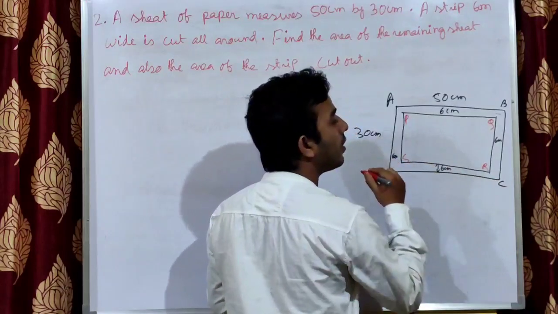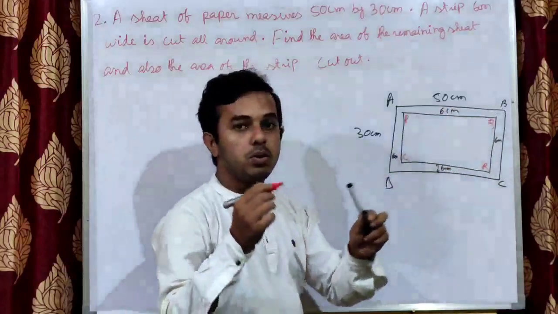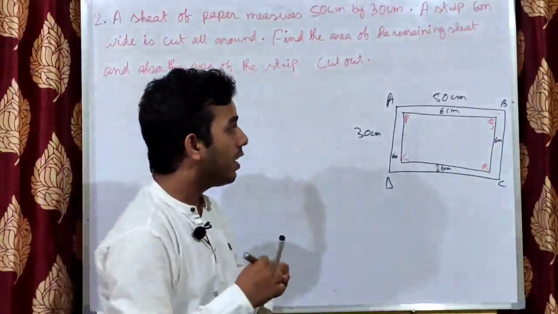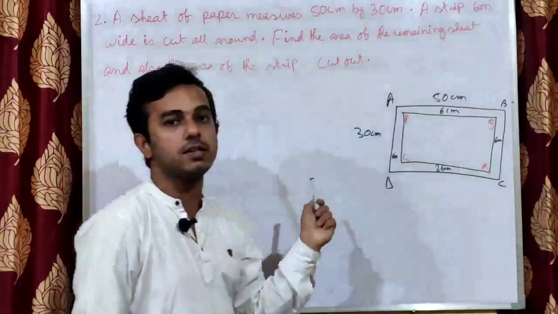Clear? Okay, now we have to find the area of the paper which was cut out, and the area of the remaining sheet, that is the area of PQRS.